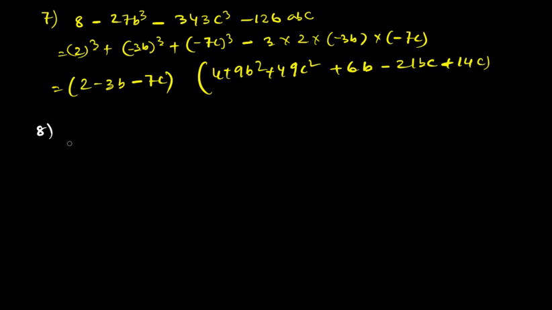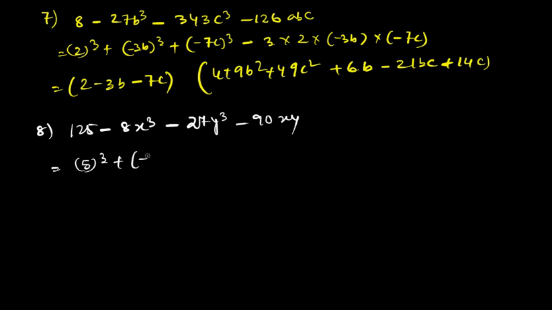Question number 8. 125 minus 8x cube minus 27y cube minus 90xy. So 5 minus 2x whole cube, minus 3y whole cube, minus 3 into 5 into minus 2x, minus 3y.